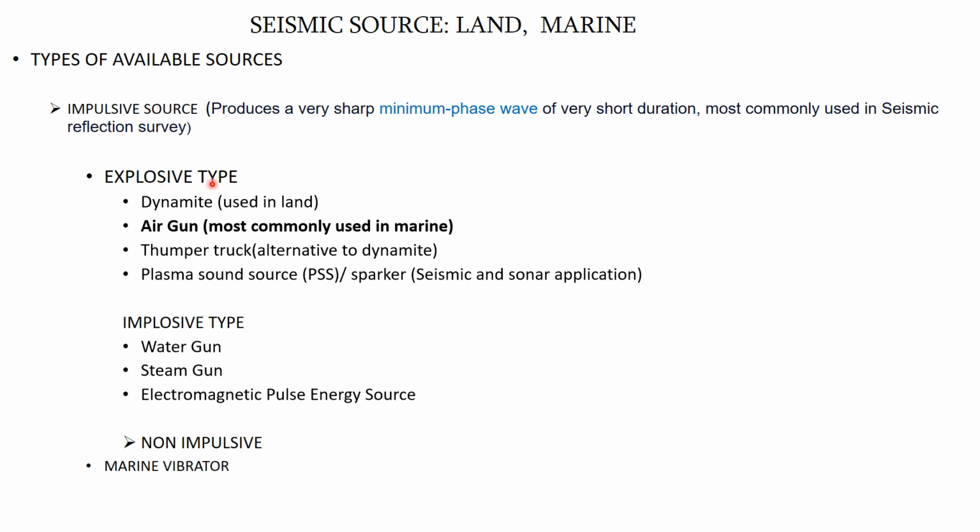For explosive type sources we use dynamite, air gun, the thumper truck, or the sparker for very shallow seismic surveys. For implosive type we generally use water gun, steam gun and electromagnetic pulse energy source. For non-impulsive, the marine vibrator is used. Most commonly used in marine surveys is the air gun, and on land dynamite is used, and alternatively the thumper truck is generally used.